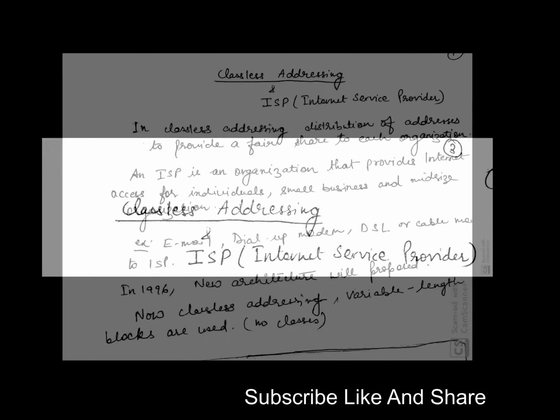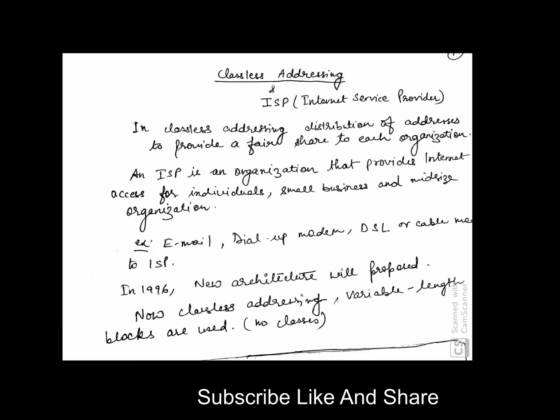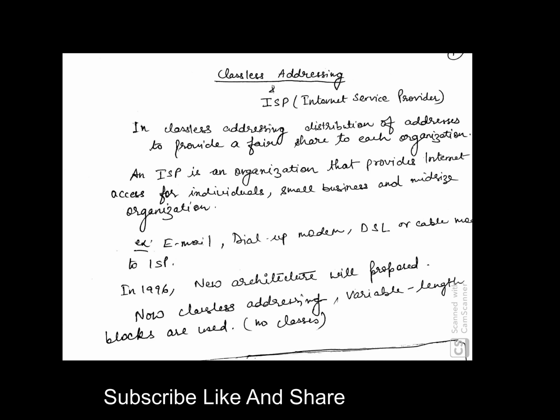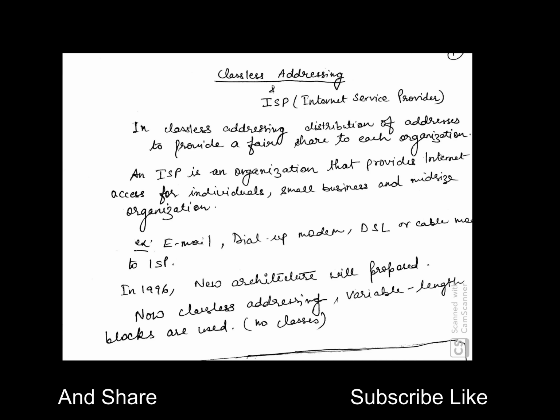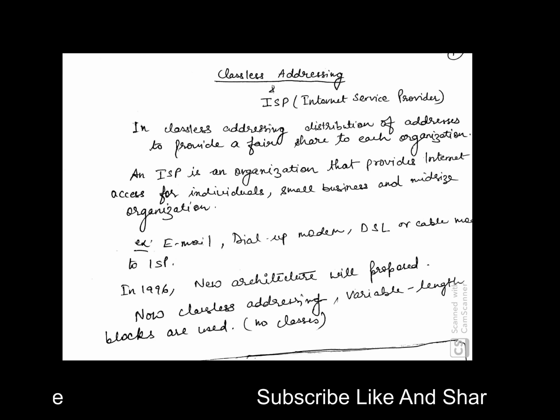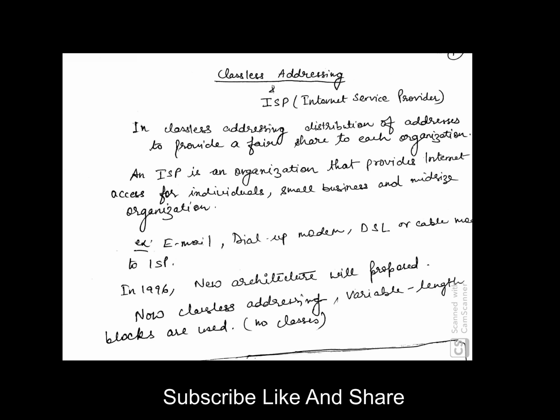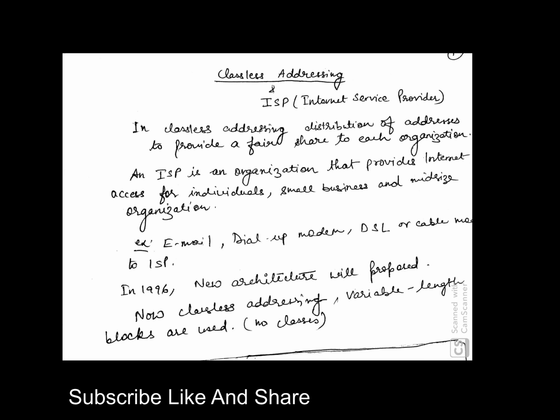So here we go with the definition first. Write down the definition. In classless addressing, the distribution of network addresses gives a fair share to each organization, and a large network can be subdivided into small chunks of organizations. The ISP is also the organization that provides internet access for individuals, small businesses and mid-sized organizations, just like email.